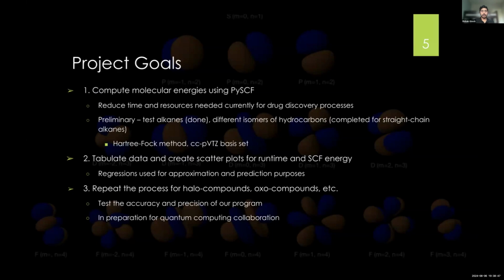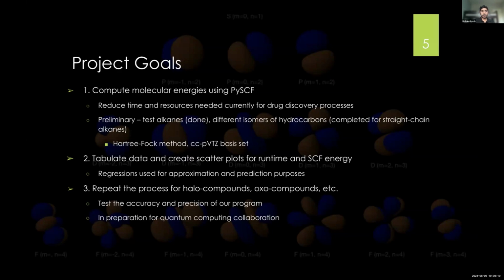So in reducing the time and resources needed, it's more efficiently helping the industry with drug discovery. And preliminarily, we have tested alkanes and different hydrocarbons such as ethane and propane, which are all straight chain alkanes. Again, using the Hartree-Fock method and the cc-pVDZ basis set.